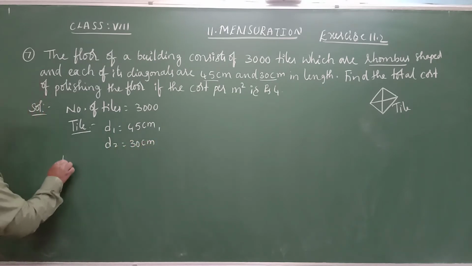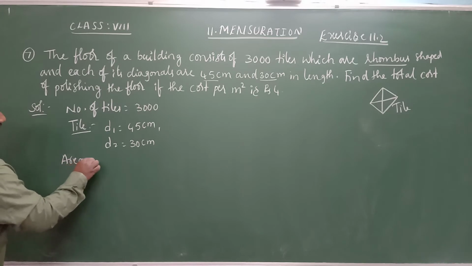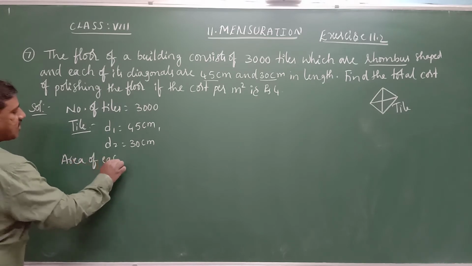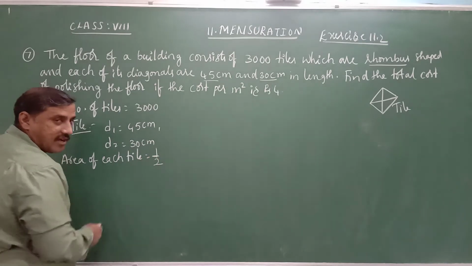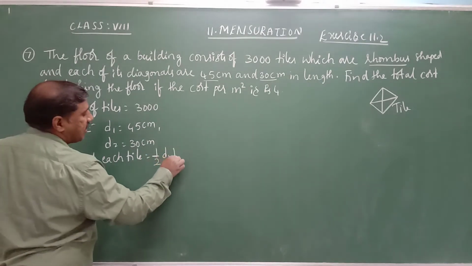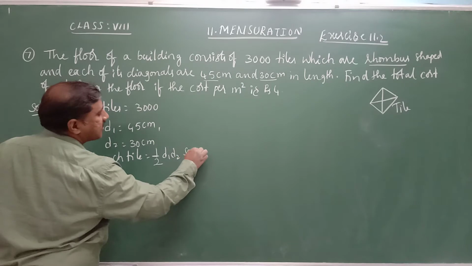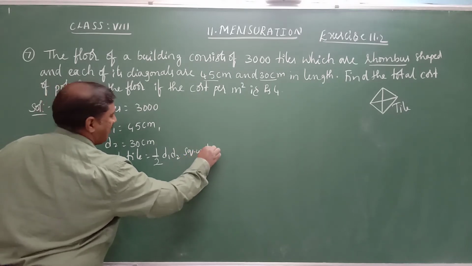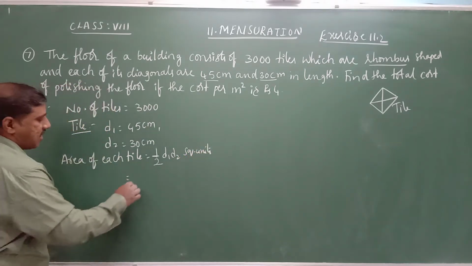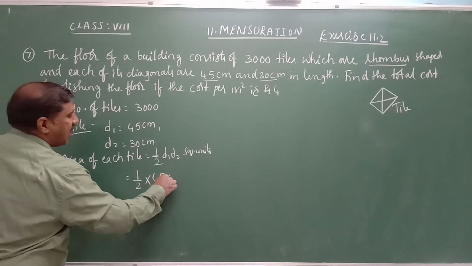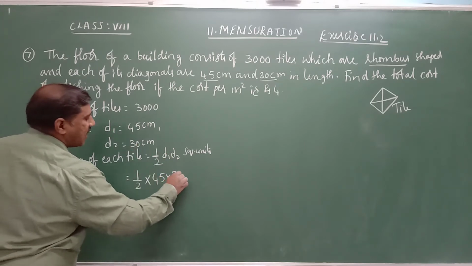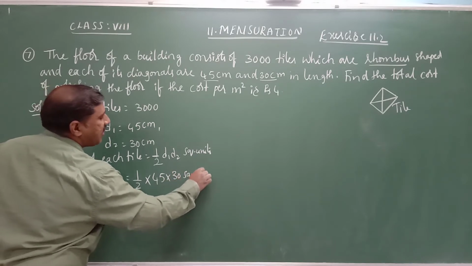Now find the area of each tile. The area of each tile is equal to, the formula is half into D1 into D2 square units, where D1 and D2 are the lengths of the two diagonals. That is half into 45 into 30 square centimeters.